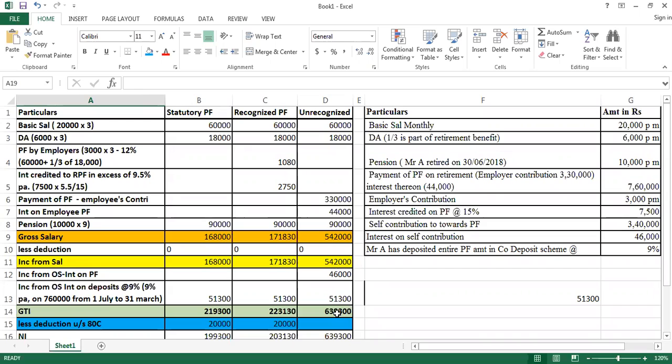Employer's contribution, sir. Employer's contribution. Where is it? Where is employer's contribution? But why 20,000 then?